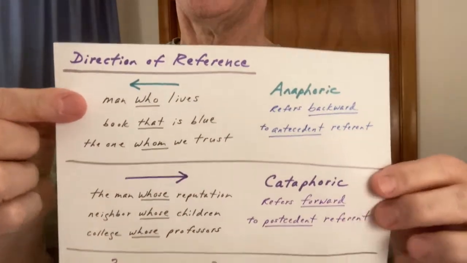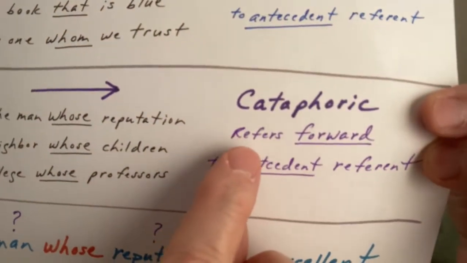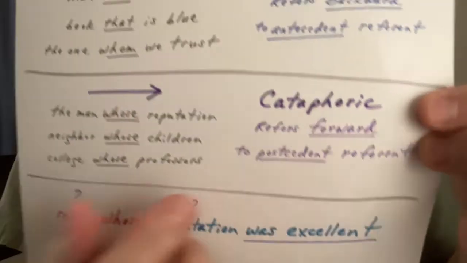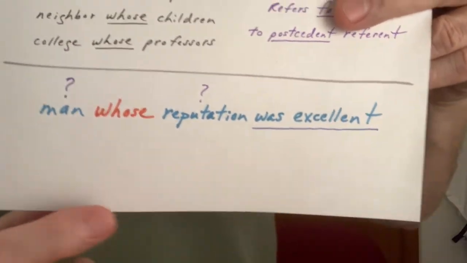What's happening is the direction of reference, the way the mind's going, is opposite of that in the anaphoric situation. You see, because it's referring forward to a postcedent referent. In other words, the referent comes after the distinction indicator.